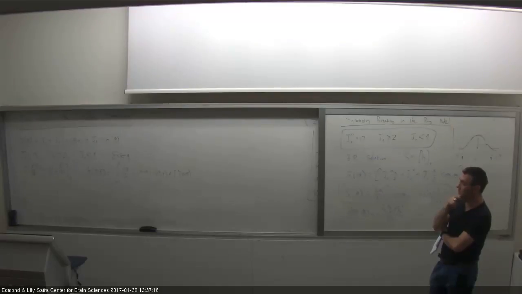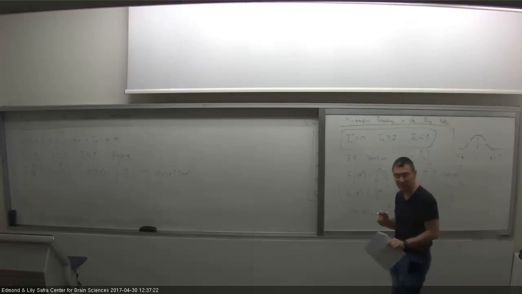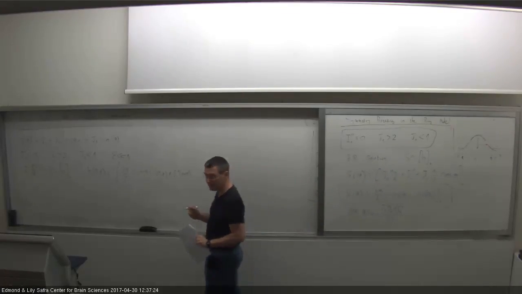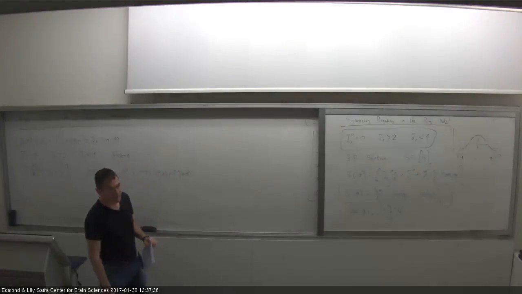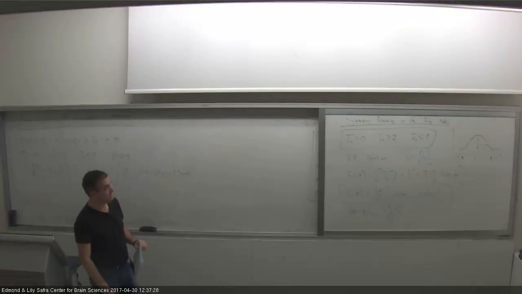So we already know how the model will behave when epsilon is equal to 0, right? How will it behave? What will be the structure of the solution? Without an external input, yes. There will be a bump.